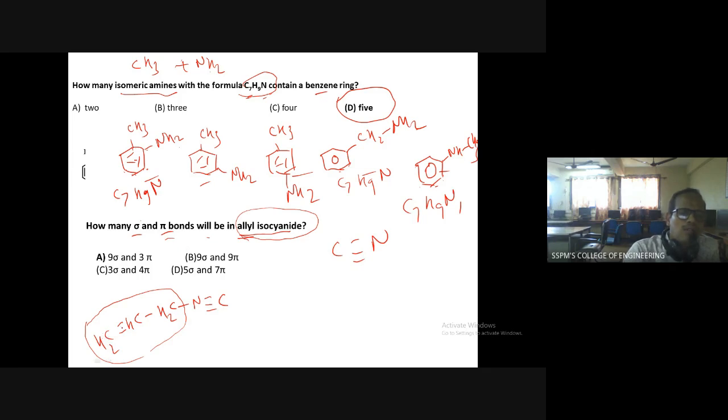Here there is a double bond. The double bond consists of one pi and one sigma. So 2 plus 1, 3. There is one hydrogen. That bond is the 4th sigma bond. This is the 5th sigma bond. Okay, two hydrogen is again 2. 5 plus 2 is 7. This is 8. Okay, and N and C is a triple bond.